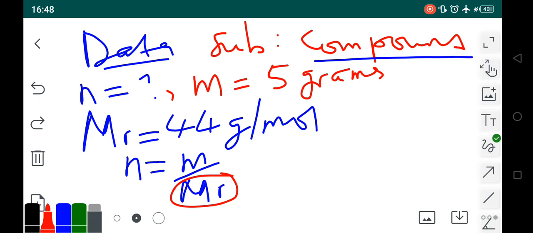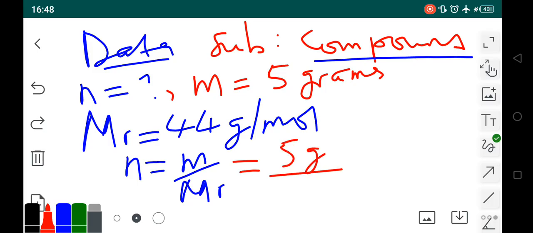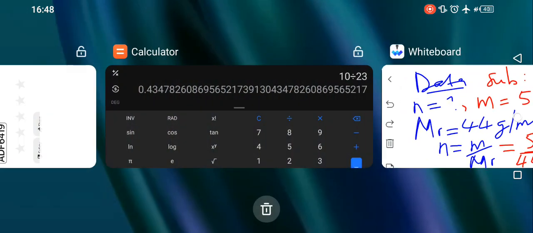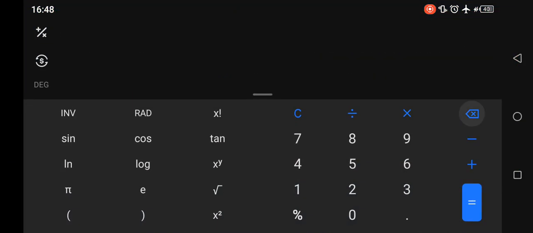From there, we say this equals, substituting, 5 grams divided by the relative molecular mass, which is 44 grams per mole. Those are the units for the relative molecular mass, grams per mole. So the grams cancel out, and what we're going to have is 5 divided by 44.